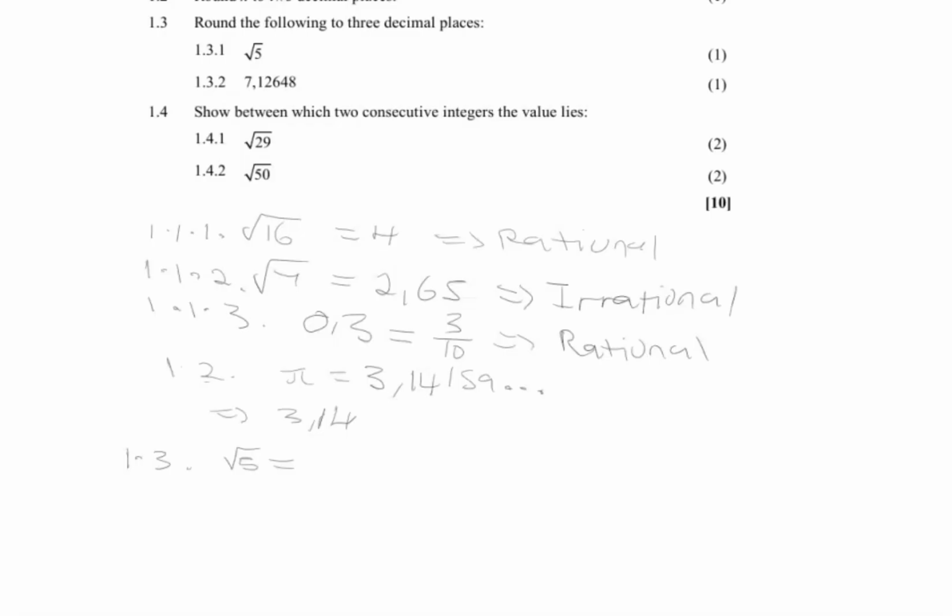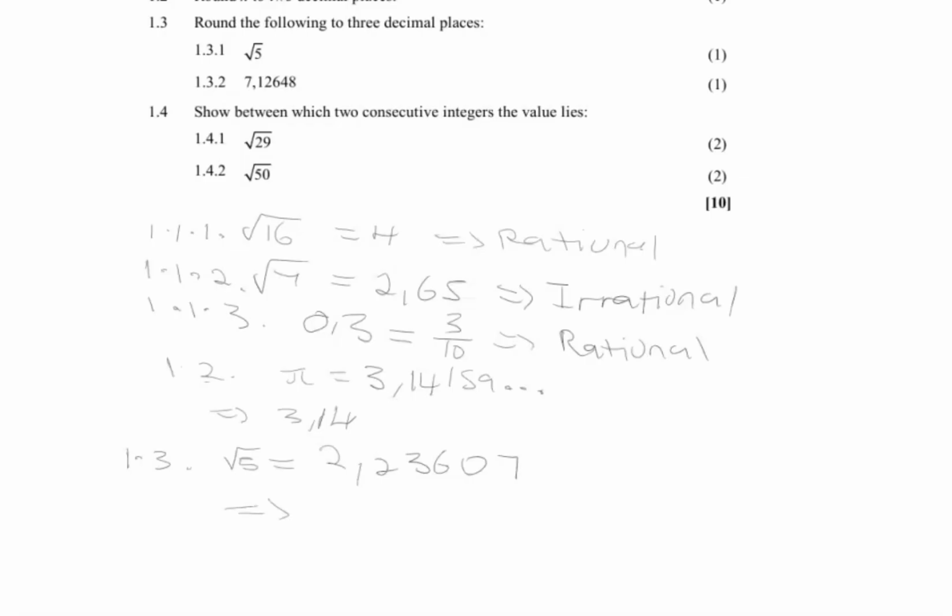So the square root of 5 in its decimal form is 2,2360 607. So I've written 5 numbers after the comma.